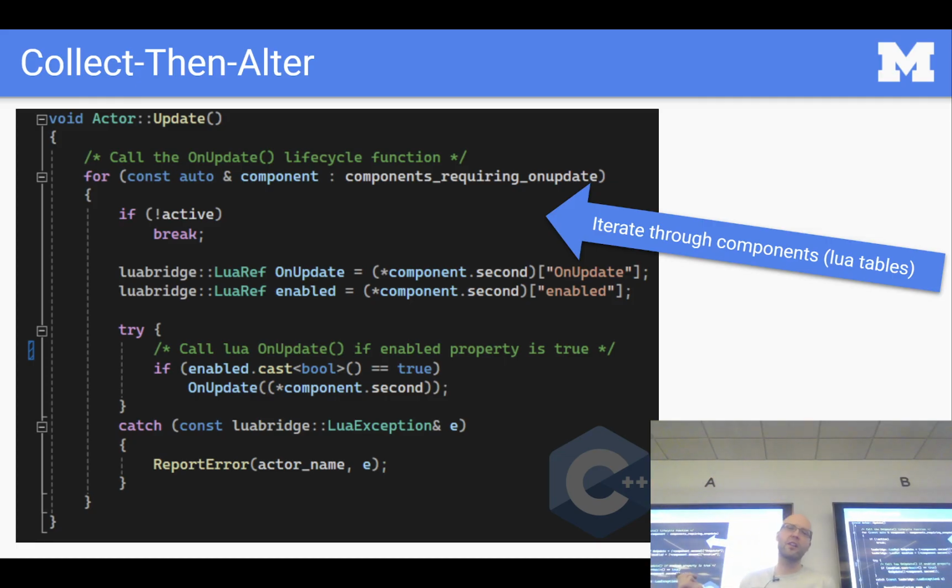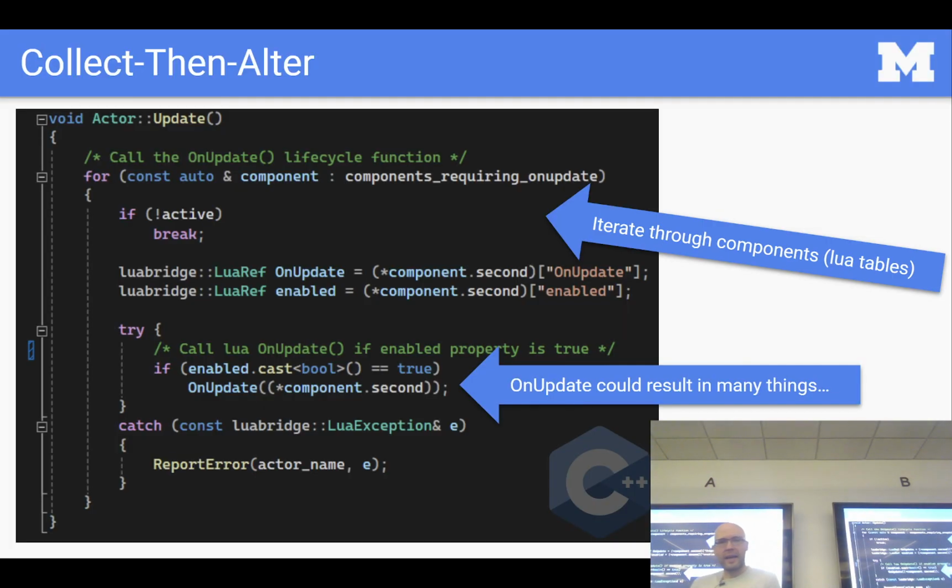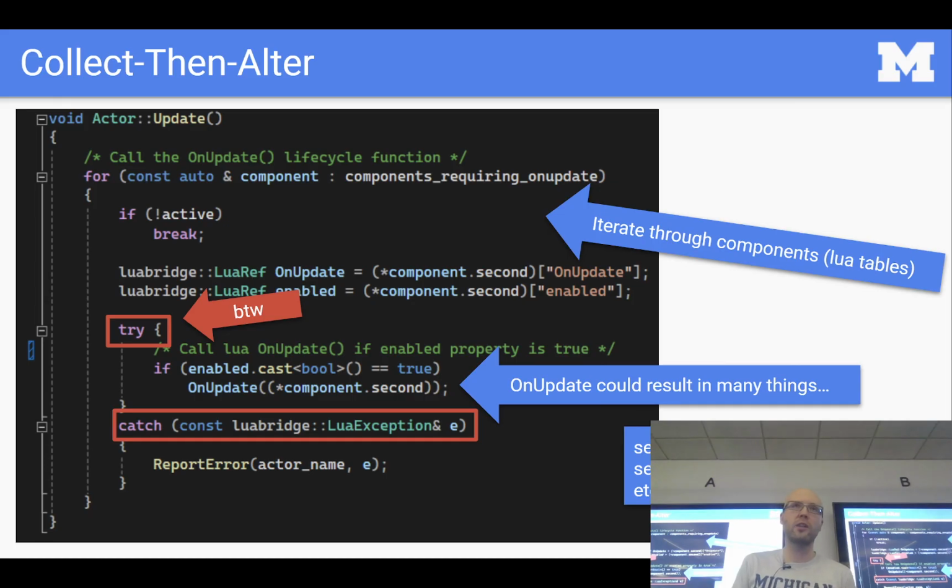So anyway, we're iterating through components, and onUpdate could result in many different things happening. We could add a component. We could remove a component. But what you need to be careful of is you need to find a way to let us alter this container without blowing everything up, okay? You must not alter the container or the collection while you're iterating, and so you'll have to think about how you want to do this.